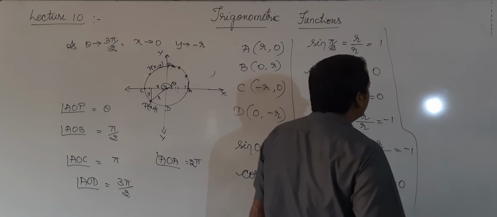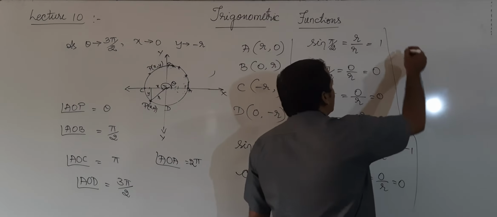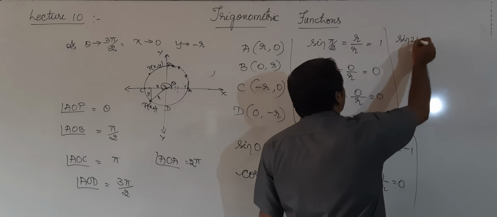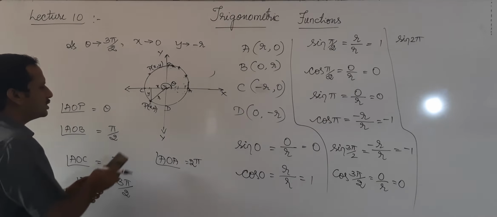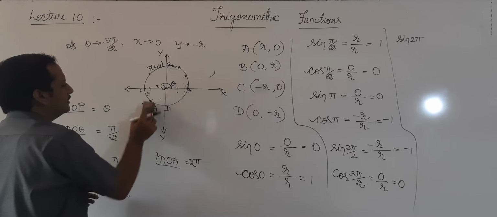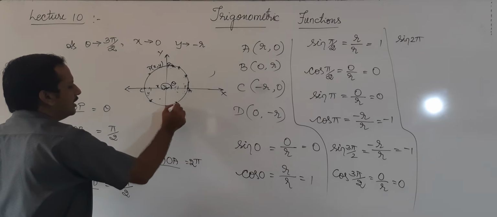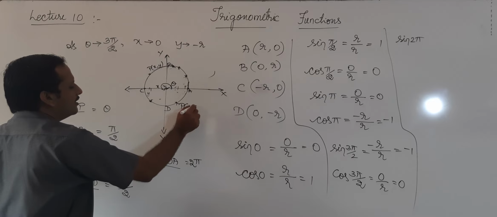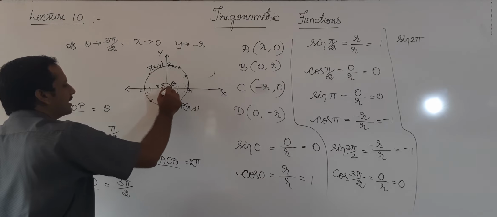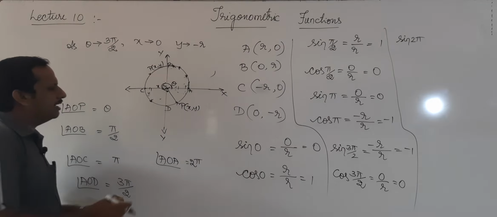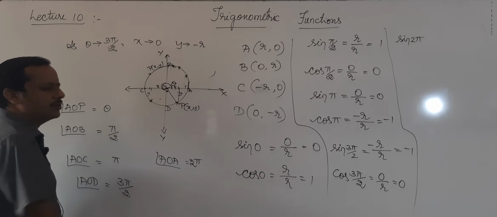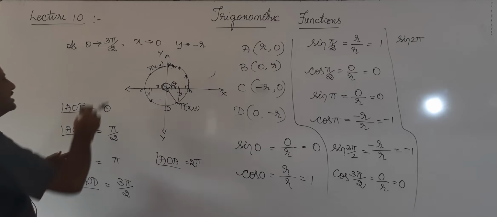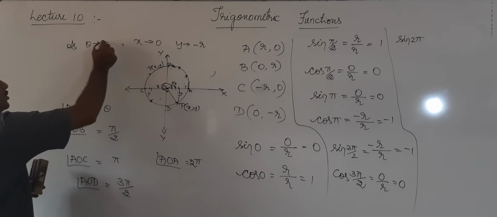Okay. Next. Sin 2 pi, I'll cover one full circle. Okay. So it covers one full circle. Let me take a P here, P of x comma y. This angle is theta, and now this P I am bringing closer and closer to A. So that means theta is tending towards 2 pi.